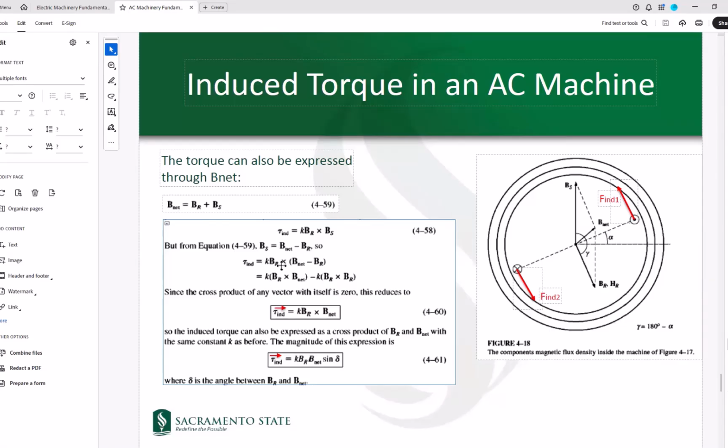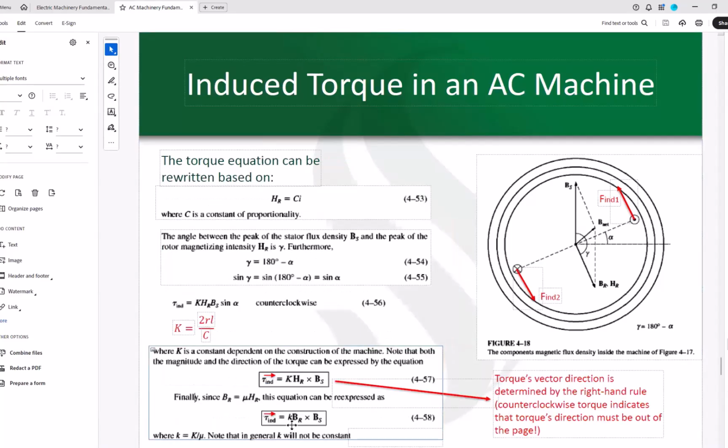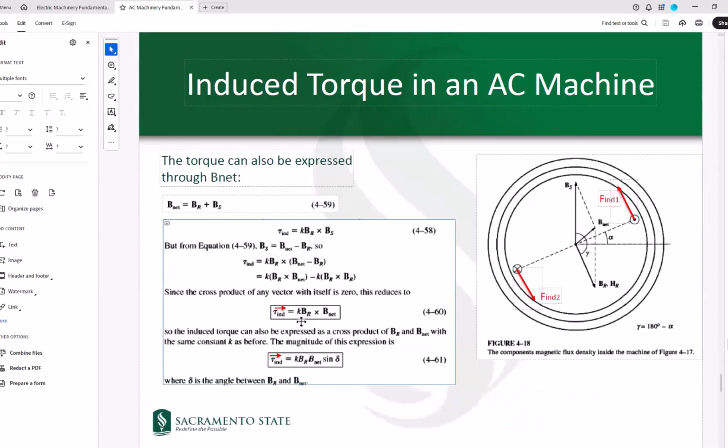And then you can just expand this. So this would make this equation. Tau induced would be K BR crossed by B net. So both equations would be correct. Same K in here, same BR in here. Here is BS, here is B net.